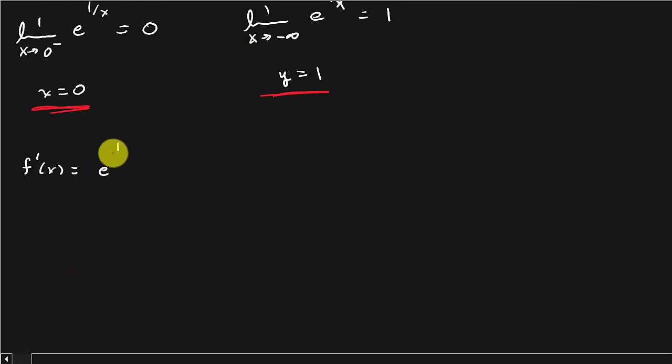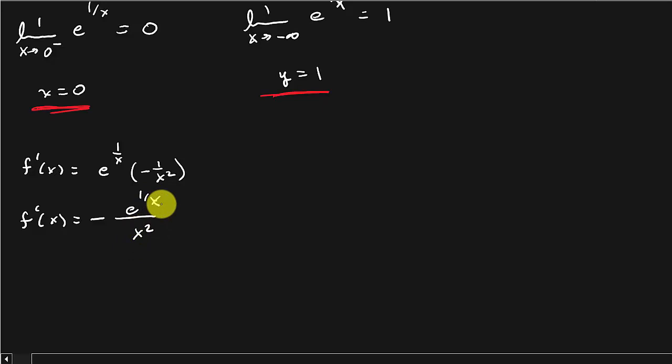Remember, that's just e to the 1 over x times the derivative of the exponent, which is negative 1 over x squared. So I get f prime of x is equal to negative e to the 1 over x over x squared.